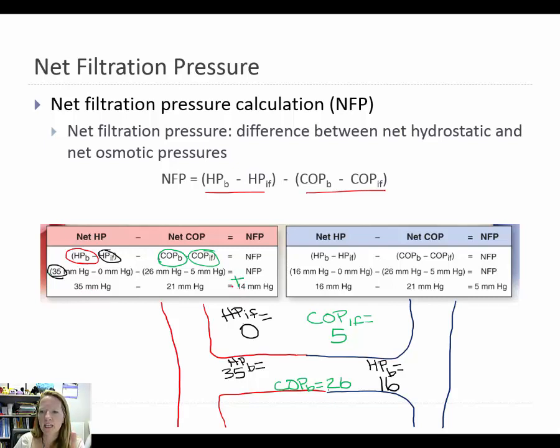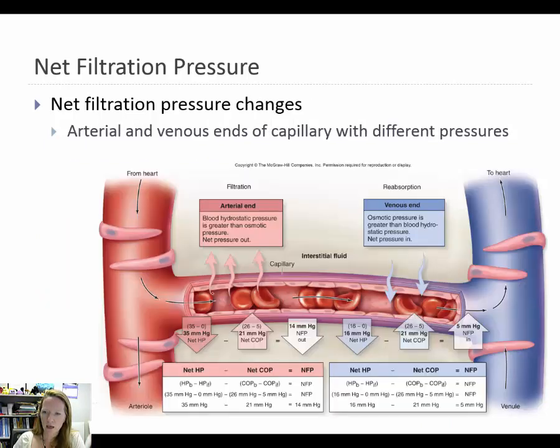Anytime you see the net hydrostatic pressure as being positive, this is going to cause filtration to occur. So it is going to promote fluids and substances moving out of the blood and into the interstitial space. So that's why it's going to be more prominent here on the arterial end.